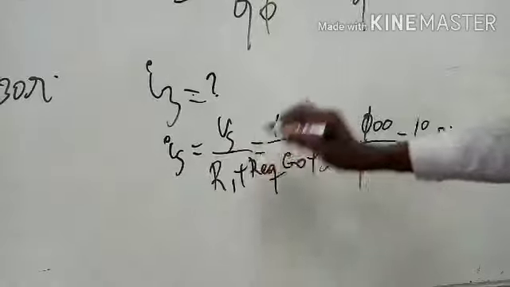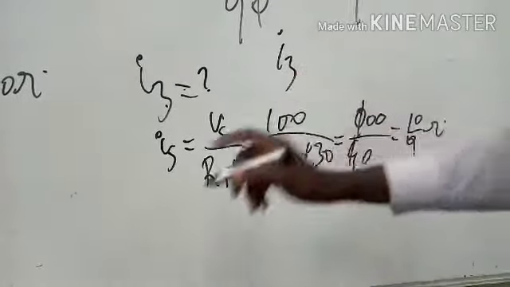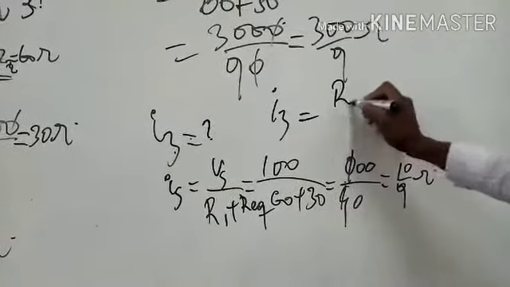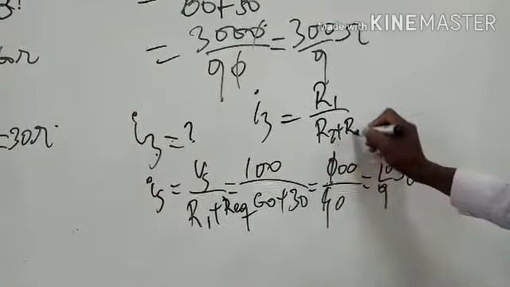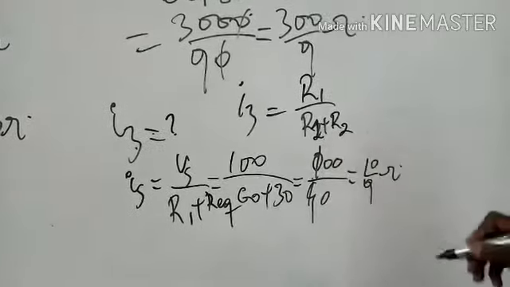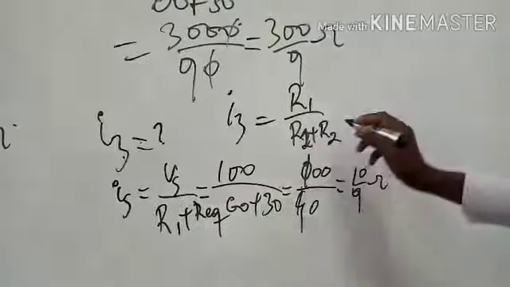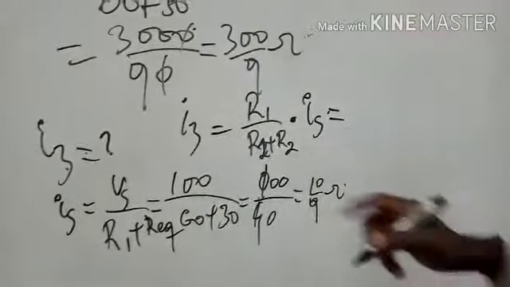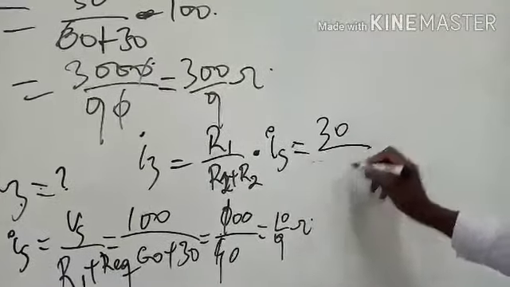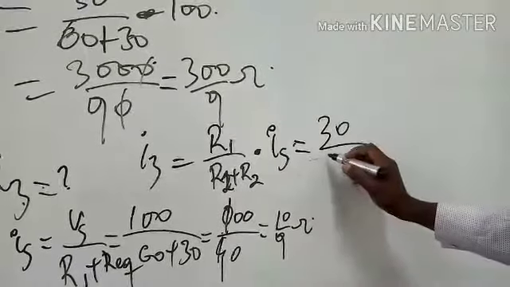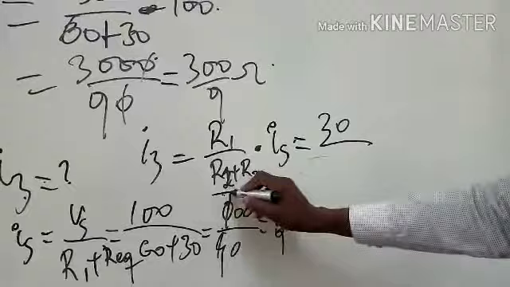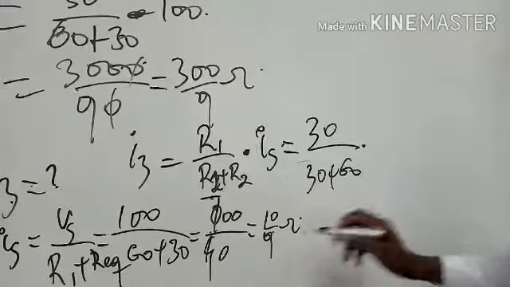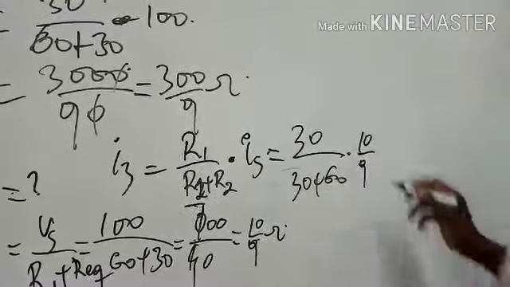Then let's find this I free. I free, as we have gotten in the equation, will be equal to R1 over R1 plus R2 times current source. So here we have R1 equal to 30 over R1 plus R2, which is 60, times current source, which is equal to 10 over 9.